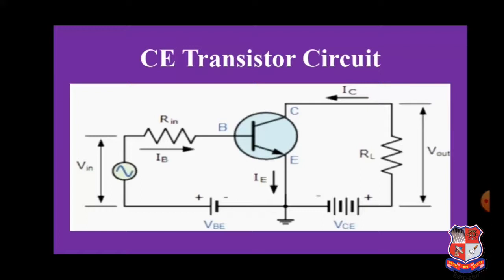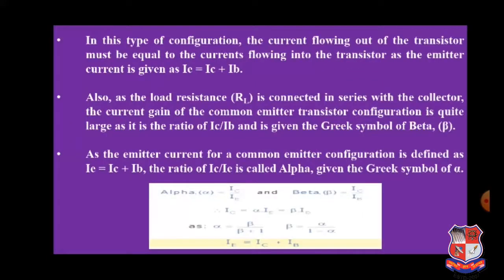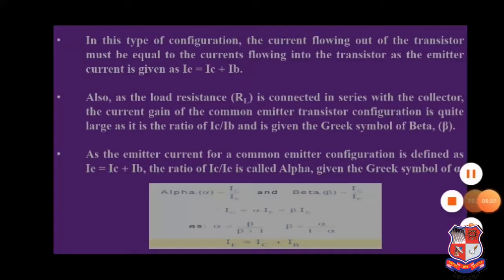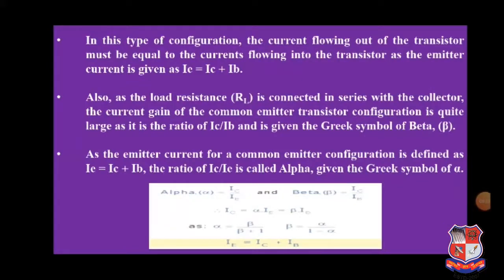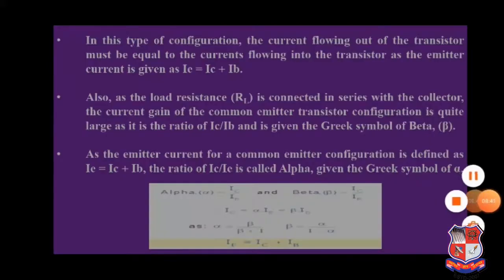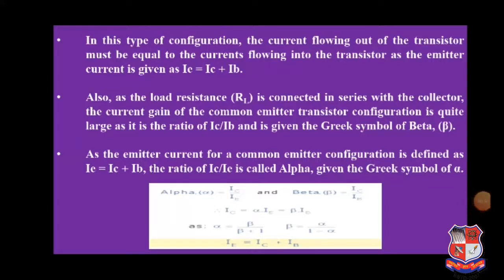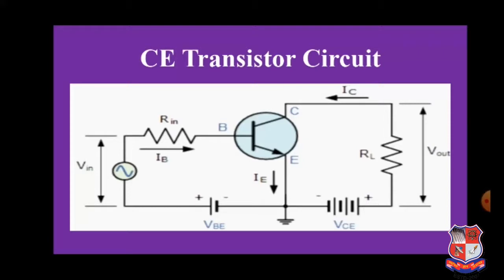So this was all about the common emitter transistor circuit, where we have seen that the configurations are very much important in view of the highest current gain, from which we can easily say that the current gain, that means IC, because here the voltage is very large due to the high impedance, again we will get the higher value of collector current.